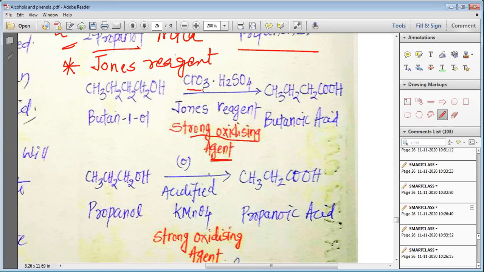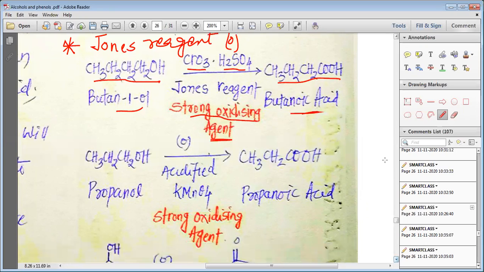It is made up of CrO3 in the presence of concentrated H2SO4. So if you take butan-1-ol and allow it to oxidize with the Jones reagent, you can directly get butanoic acid. So you do not get butanal because Jones reagent is a strong oxidizing agent.